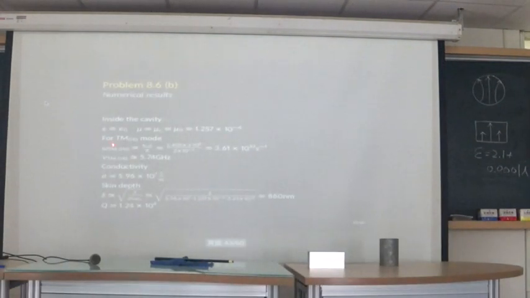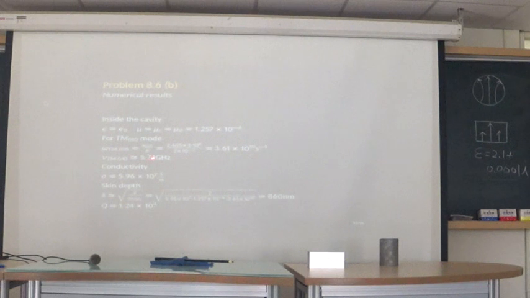And we can calculate inside the cavity because we don't assume any medium in the cavity. So epsilon is equal to epsilon 0, and mu is equal to mu 0. And the value is about this. The TM010 mode frequency is about 3.6 times 10 to the power 10, which is just about 5.74 gigahertz.